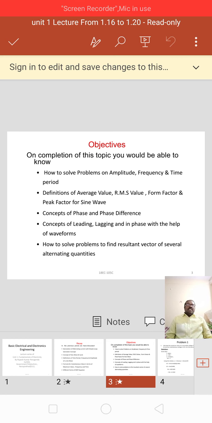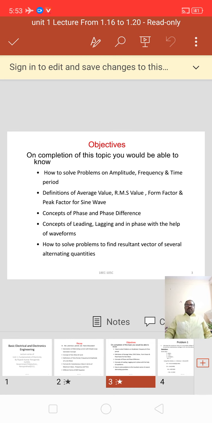RMS value is the root mean square value of an alternating quantity, which transfers the same amount of energy as the equivalent steady value. It is also known as the effective value, and also as the virtual value.